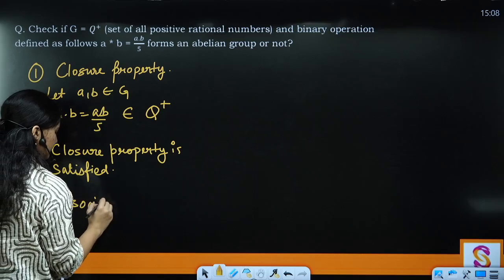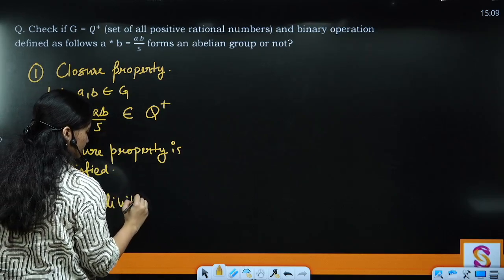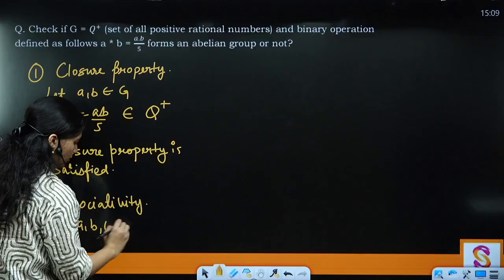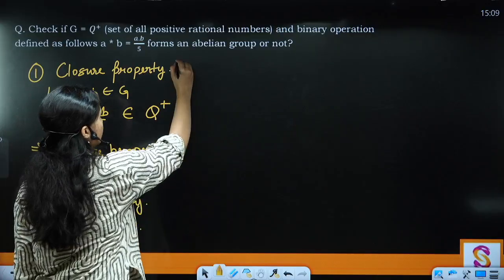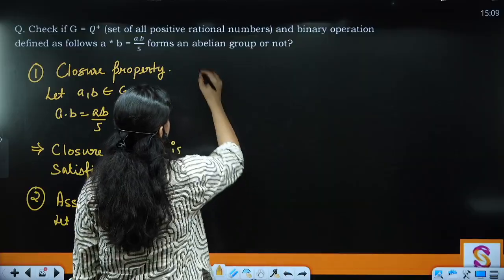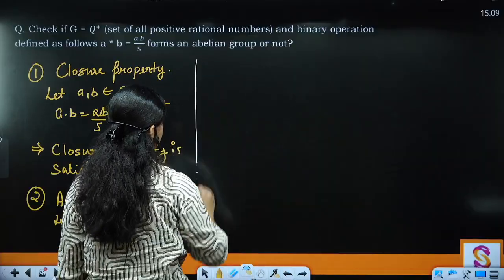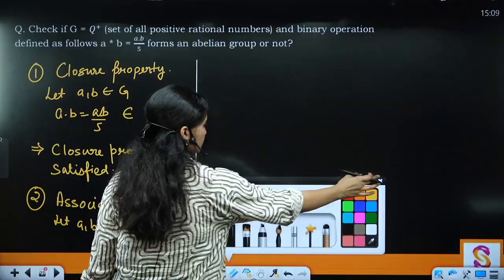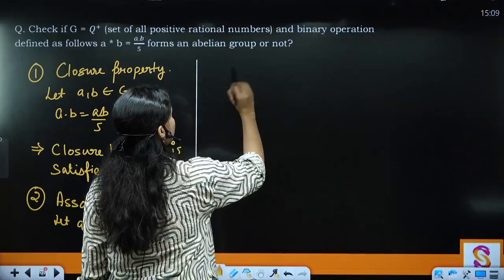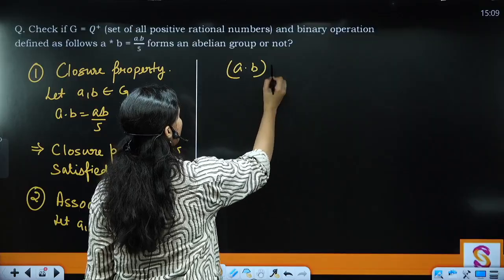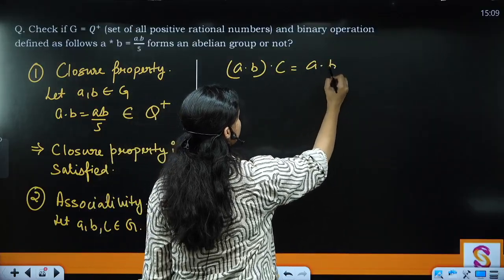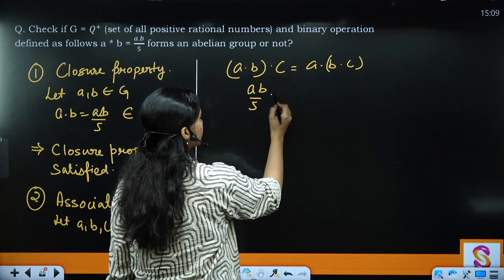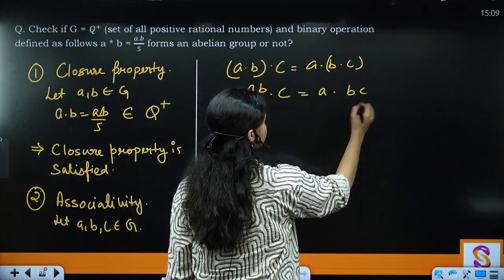Now, associativity, pretty simple. Let a, b, c belong to G. Now (a ∘ b) ∘ c equals a ∘ (b ∘ c). So now a ∘ b is going to be ab by 5, then ∘ c, equals a ∘ bc by 5.